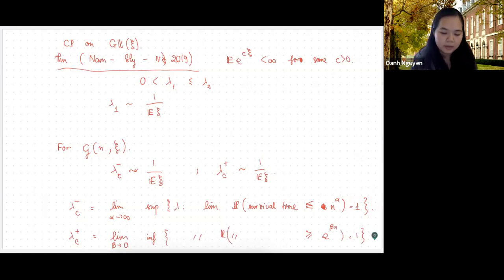Okay. And so we derive the asymptotics of these thresholds as well.